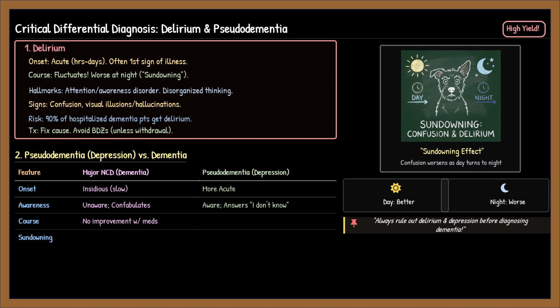The course for dementia, there's no improvement with medication. So you give them an antidepressant and there's no improvement in their cognition. Whereas with pseudodementia or depression, the cognition improves with giving them something like Lexapro or sertraline. Sundowning is very common in dementia, but it is uncommon with pseudodementia because it's actually depression.